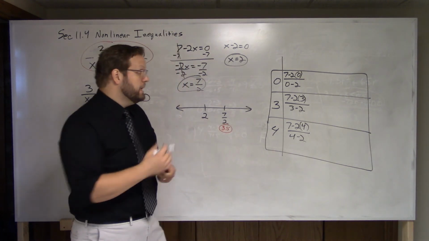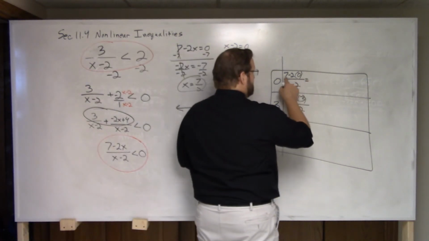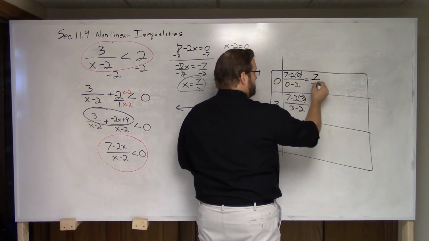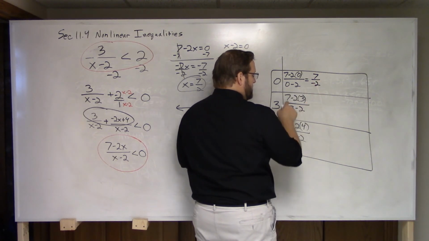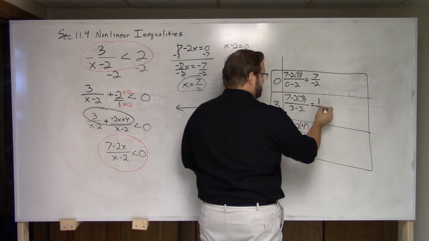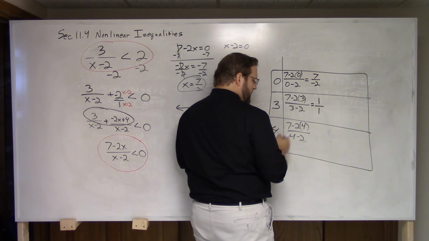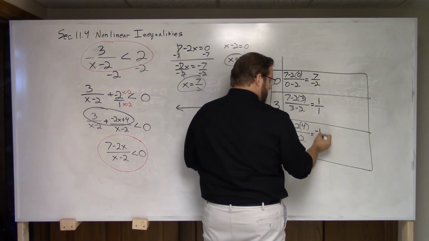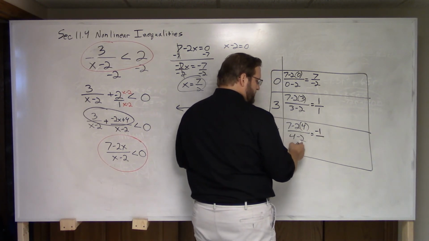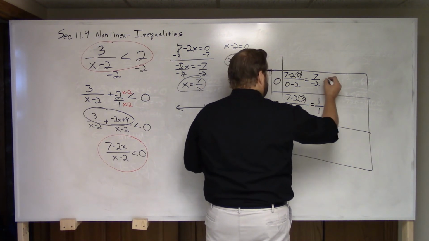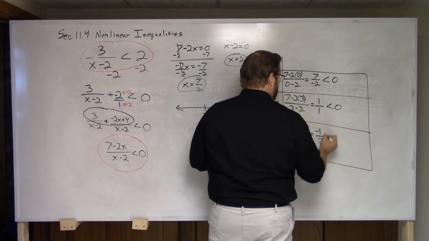Okay, I'm going to work from there. 7 minus 0, 7. 0 minus 2 is negative 2. 7 minus 6 is 1. 3 minus 2 is 1. 7 minus 8 is negative 1. 4 minus 2 is 2. So I want to see when these are less than 0.